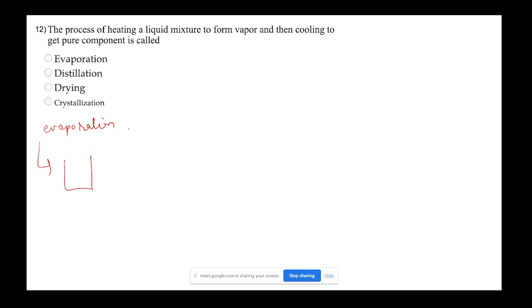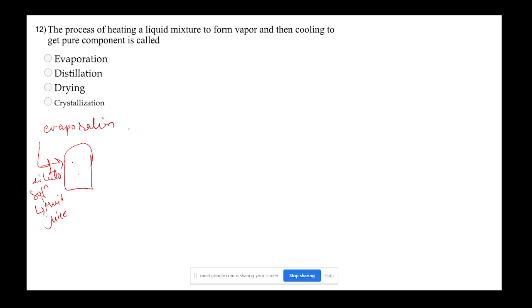Say for example, you have a sugar solution or any fruit juice. In the industry, the fruit juice that you get in the market is usually concentrated. So say for example, you have a dilute solution in the form of fruit juice. You supply that and try to concentrate that in the evaporator.